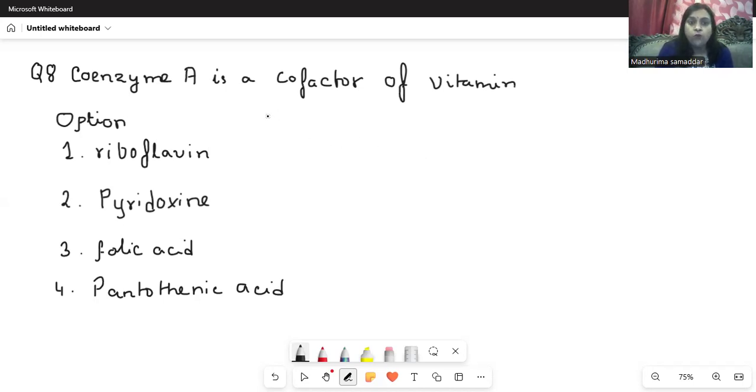Now, first of all, we must have an idea about what cofactors are. In a simple way, cofactors are helper molecules.